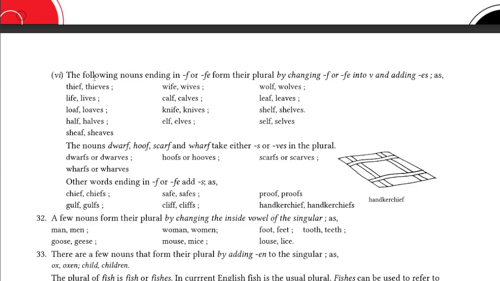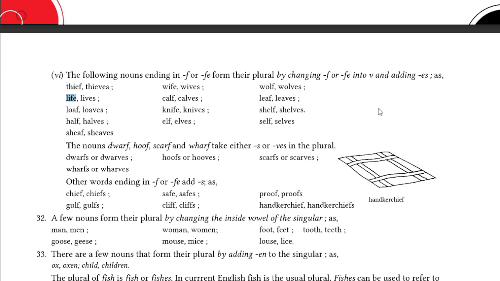Now look at the sixth section. There are some nouns in the singular number that either end in F or in FE. For example, thief ends in F. Life ends in FE.